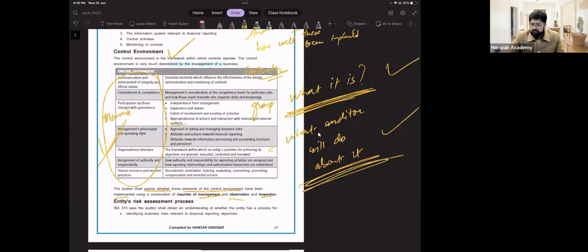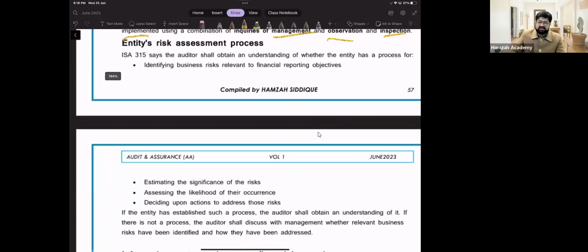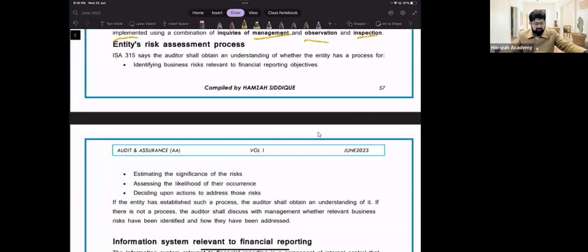Now, next. Let us proceed further. Second, the entity's risk assessment process.